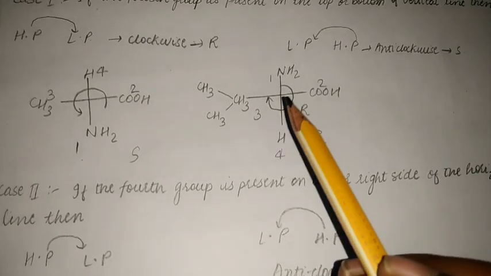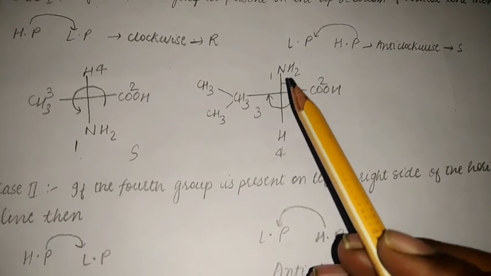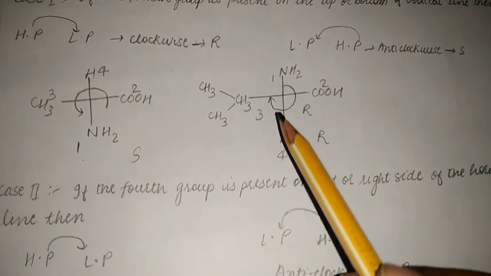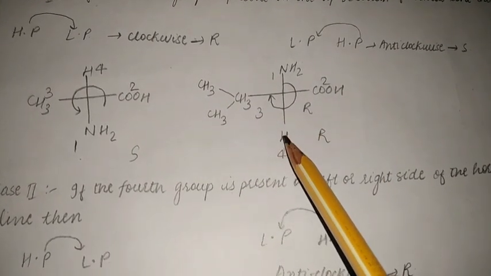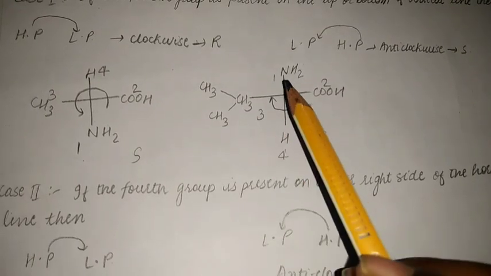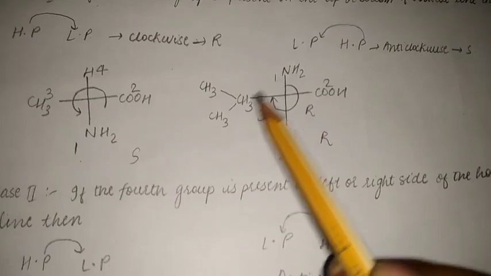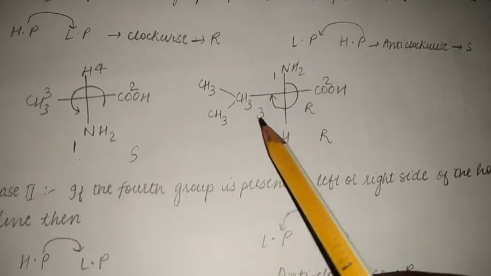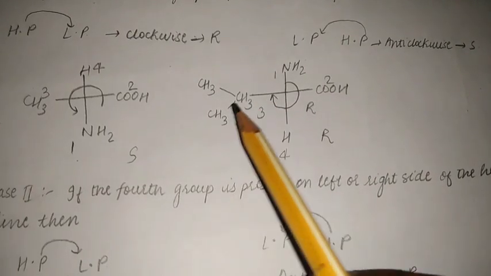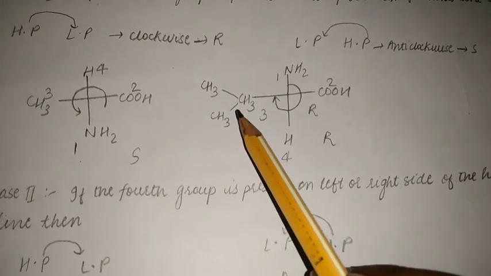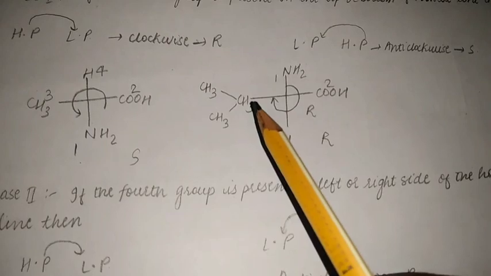Now let's see the other molecule. Here we can see the amide, NH2, is placed with number 1, then carboxylic, then hydrogen, then carbon. So let's also discuss why it is given number 3 and why it is given number 2, because according to atomic number it should be given more priority, no? Why is it given number 3 instead of number 2?